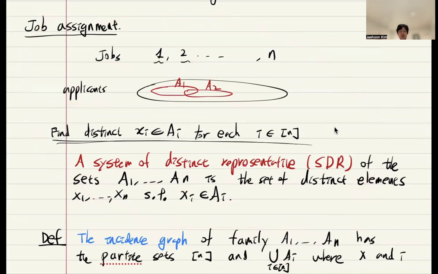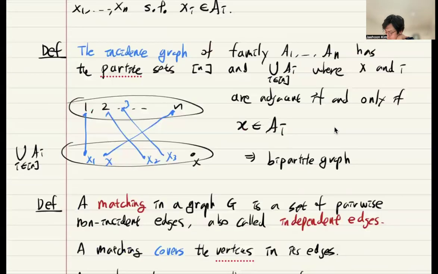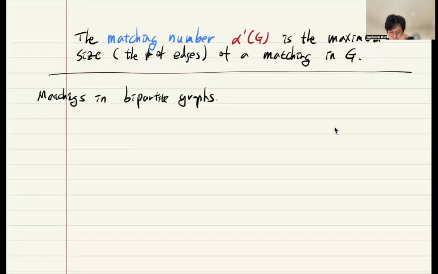You can consider this as any other object, like resources, and you want to distribute the resources, or other scenario. You can consider other type of the problem, which is essentially same. So here, the graph structure you get is bipartite. So it's natural to consider the matchings in bipartite graph first. Okay?